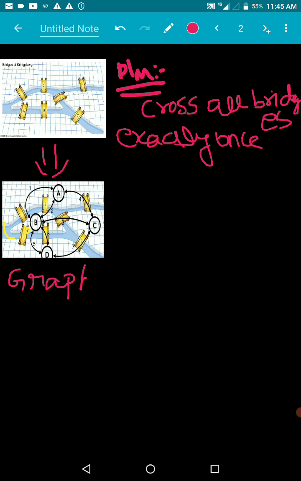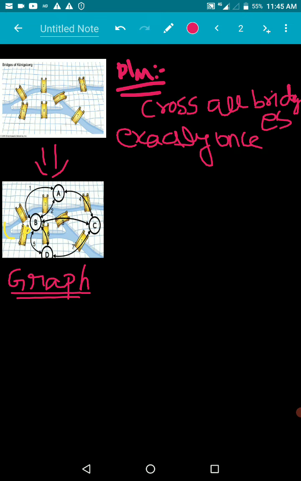Now we are checking whether the given graph is a Eulerian graph or not. Why are we checking this? If the given graph is a Eulerian graph, if and only if I can visit all the edges exactly once.